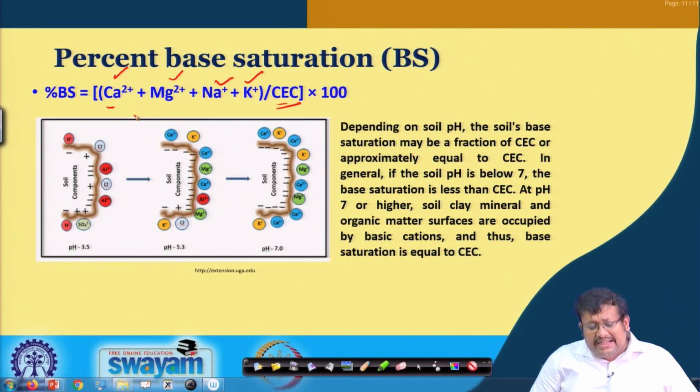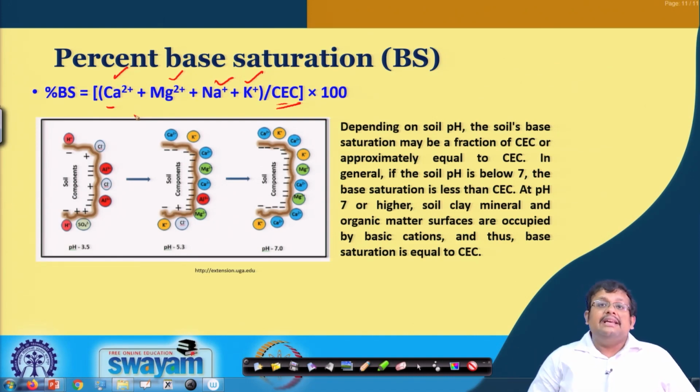Now, depending on soil pH, the soil base saturation may be a fraction of CEC or approximately equal to CEC. So, in acidic, alkaline or neutral conditions, the percent base saturation varies.